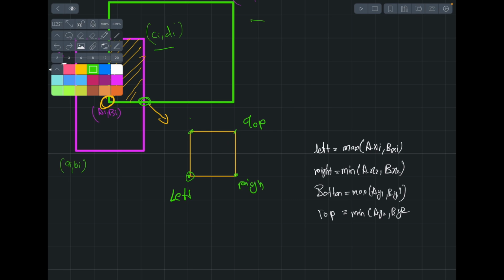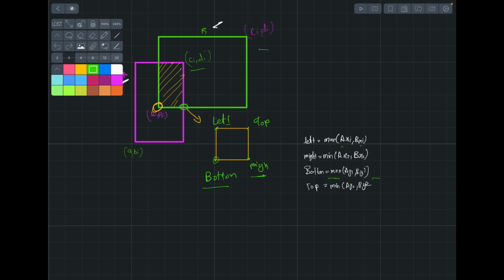Sorry, this will be our bottom, the maximum of ay1 and by1.